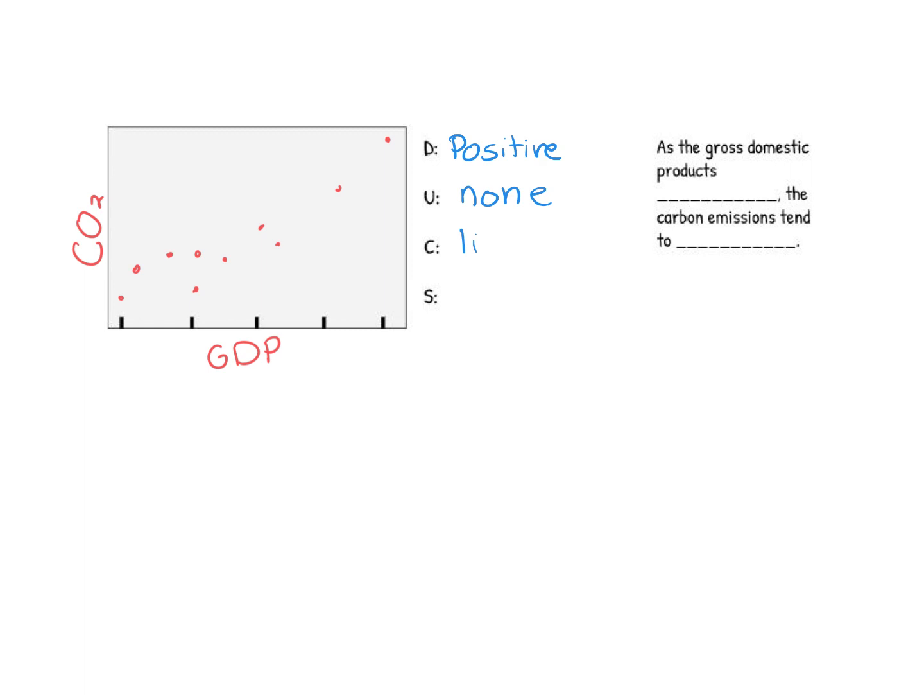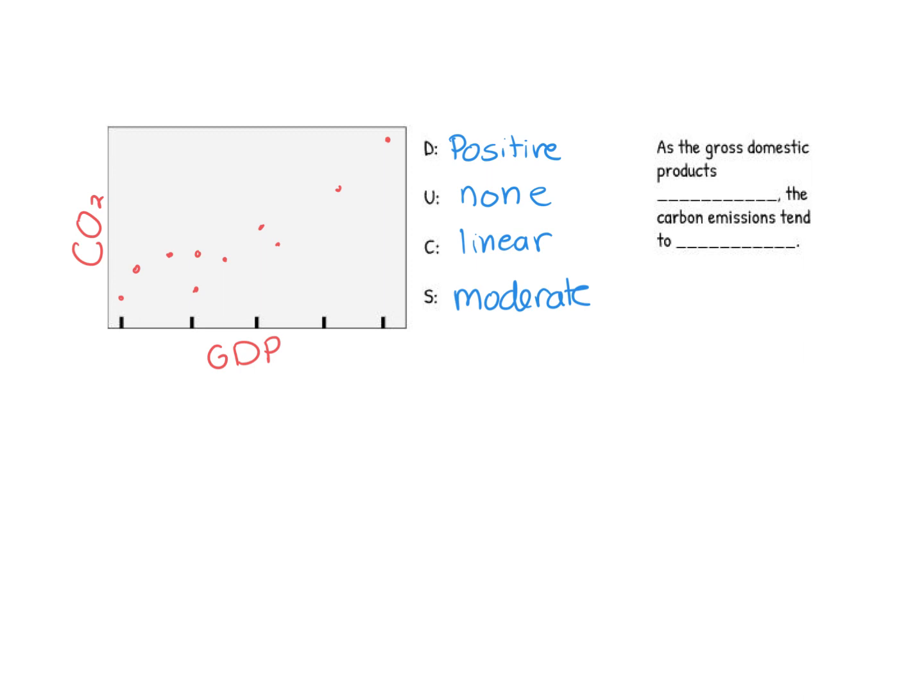It's definitely linear, trying to be. The strength is moderate. You could say weak, definitely not strong though, because we have these pieces over here going out and doing crazy things. So I'd say moderate's a good one for that.